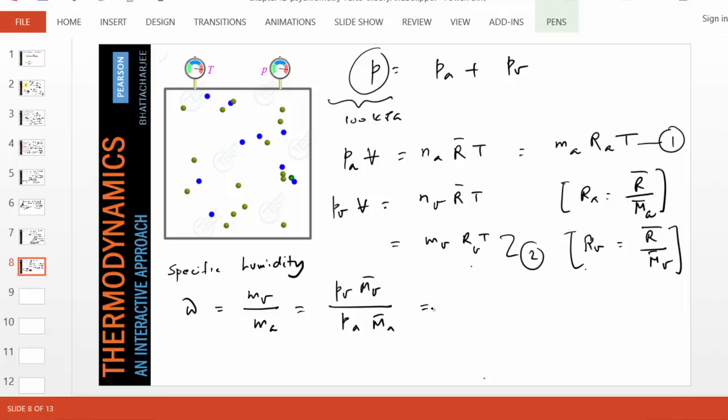And that can be written as, if I substitute the values, molar mass of vapor is what? H2O's molar mass is 18 kg per kilomole, and molar mass of dry air is 29 kg per kilomole. So if you use these values, you can show that this becomes 0.622 vapor pressure over air pressure, and air pressure, by the way, we can substitute P minus PV because P is known. So as you can see, omega is a function of PV.